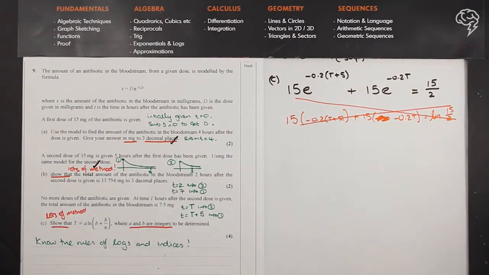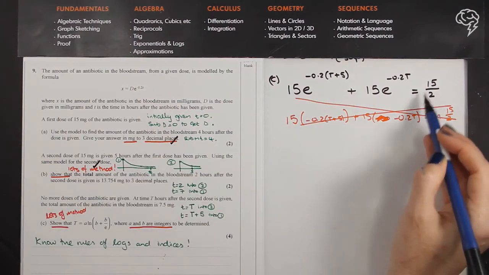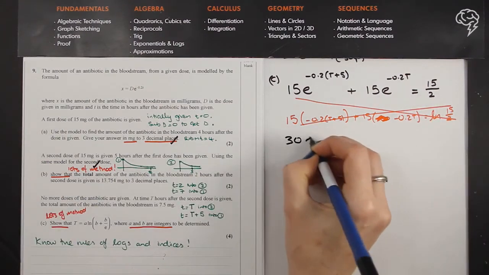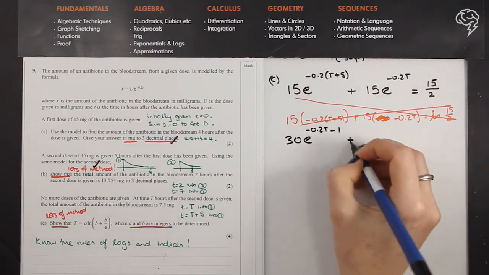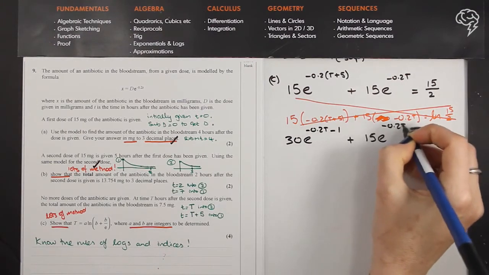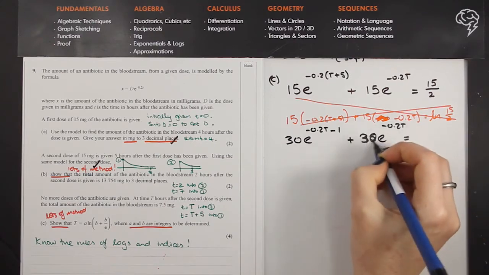But you can't individually anything else, okay? So let's do this properly and not make up any rules of logs and indices. I'm going to start by doubling everything because I don't like that 2, but you don't have to. And I'm going to expand that out. I didn't double that. Good.